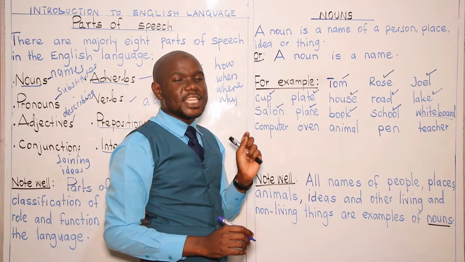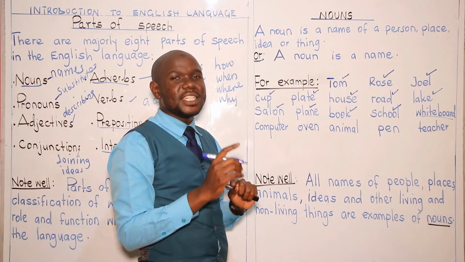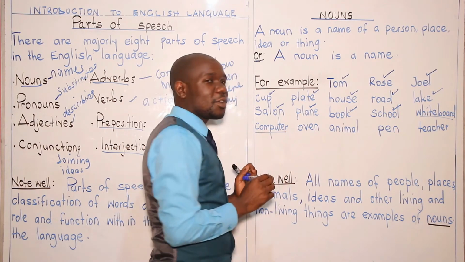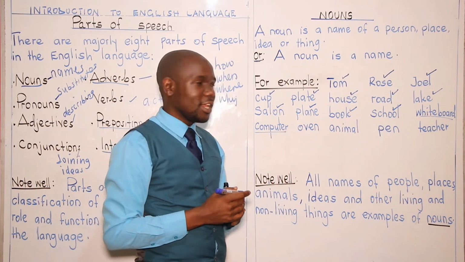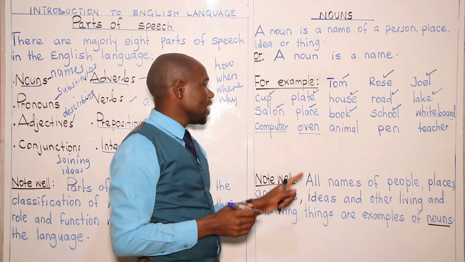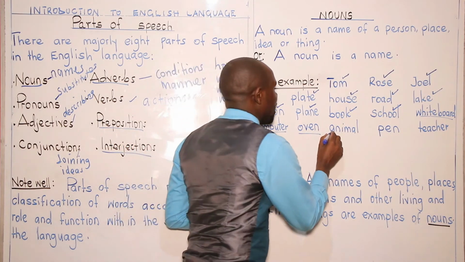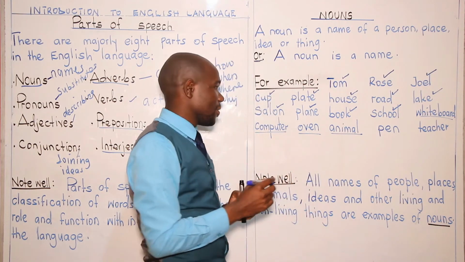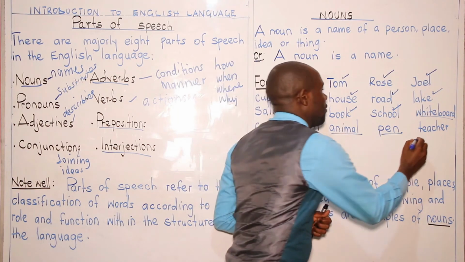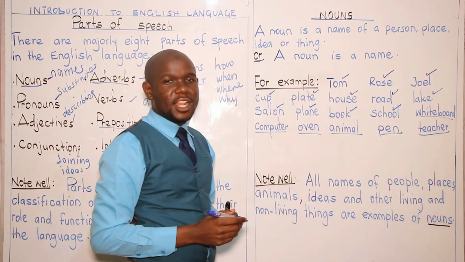So we say it is a noun because it names something. So we say computer. A computer is a noun. Oven, this one is read as oven. It is a noun. Animal is a noun. Pen is also a noun. Then we have teacher is a noun.